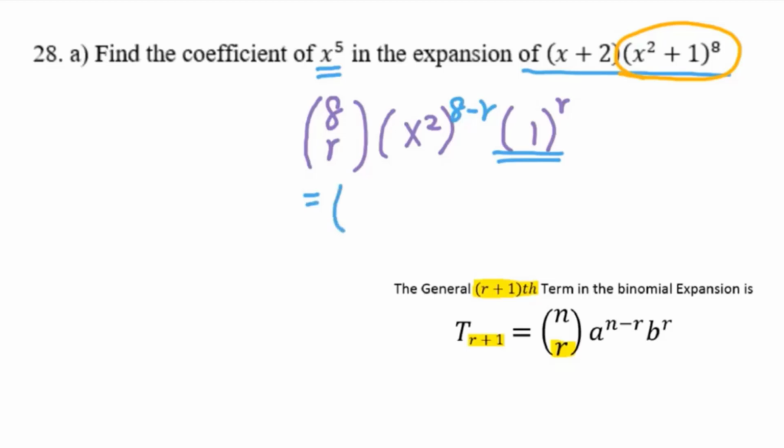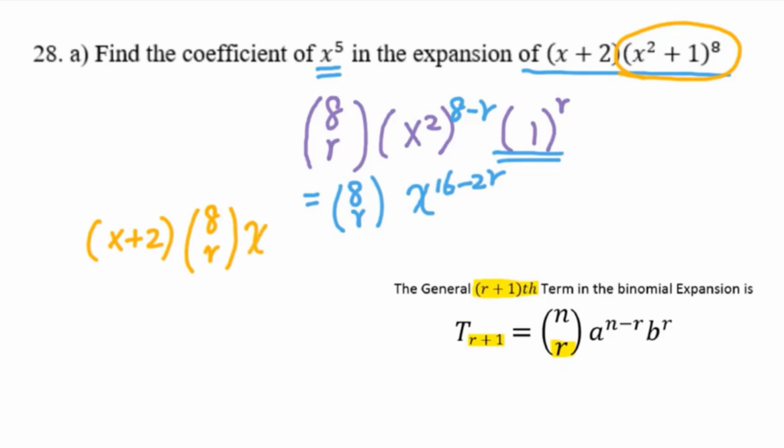So basically we got 8 choose r, x to the 16 minus 2r. Then we multiply by x plus 2. Using this general form, 8 choose r and then x to the 16 minus 2r, we do the distributive property.